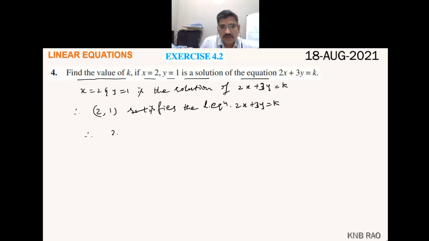Thus, 2 of 2 plus 3 of 1 equals k. When you substitute 2 comma 1, it should make LHS equal to RHS. LHS is 2 of 2 plus 3 of 1, and RHS is k. These two are equal since it is getting satisfied. So 4 plus 3 equals k. Thus k equals 7.